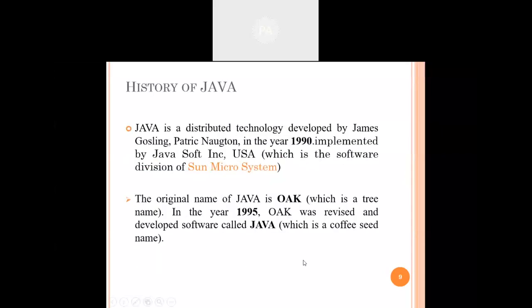Now, the original name of Java is Oak. This question is also asked in interviews: what is the earlier name of Java? We can say Oak. What is Oak? Oak is a tree name.